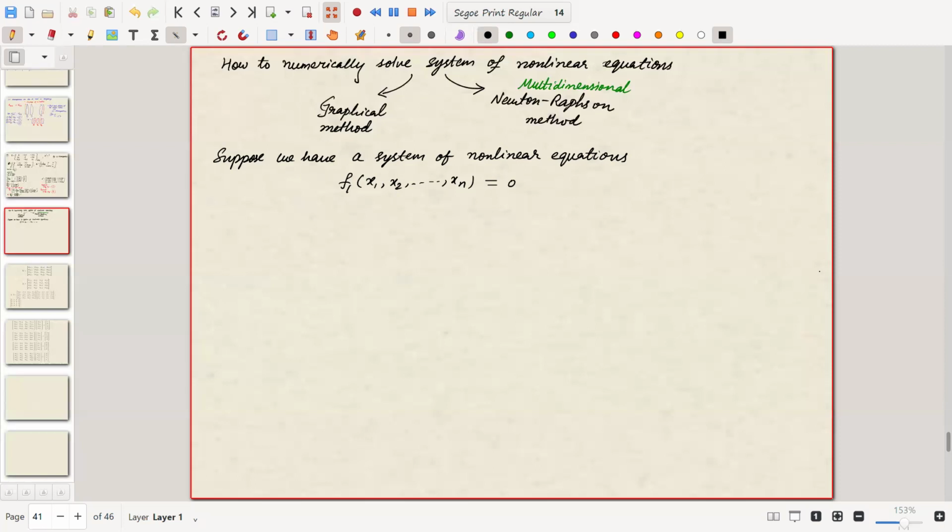You have f2 of x1, x2, xn, and so on till fn of x1, x2, xn.